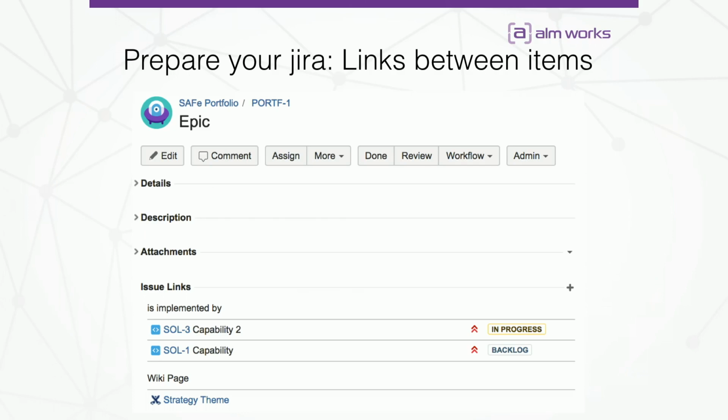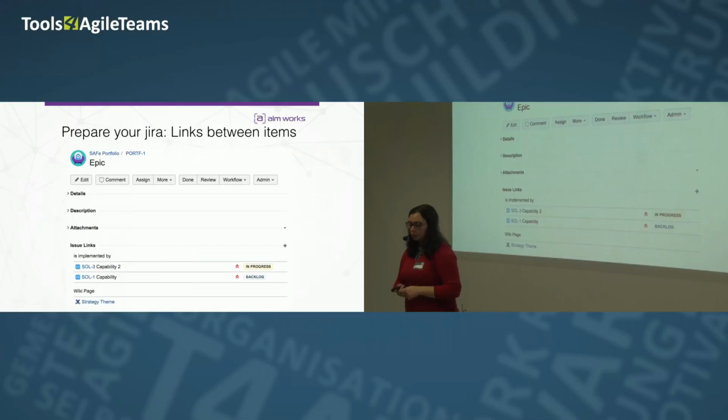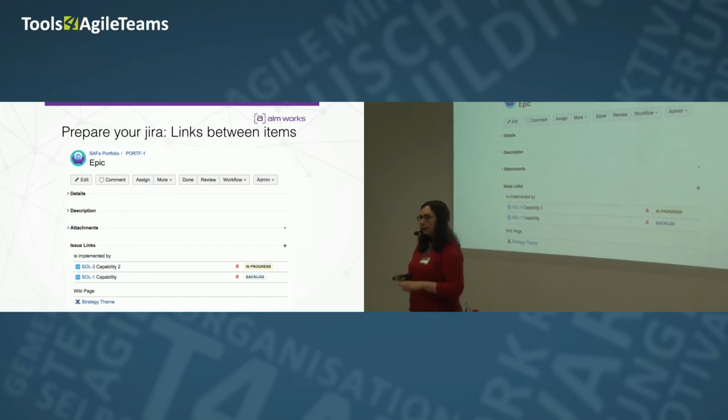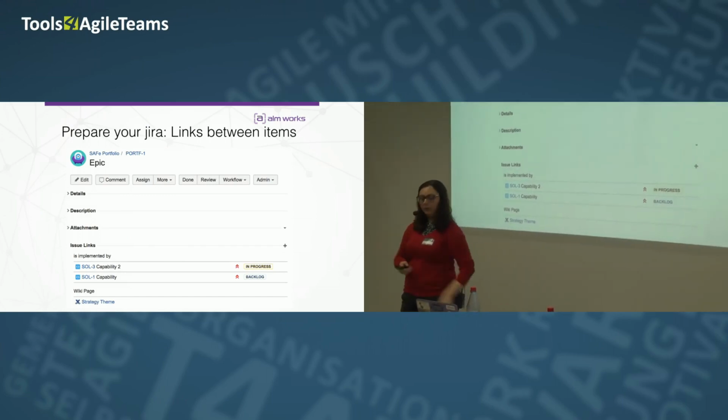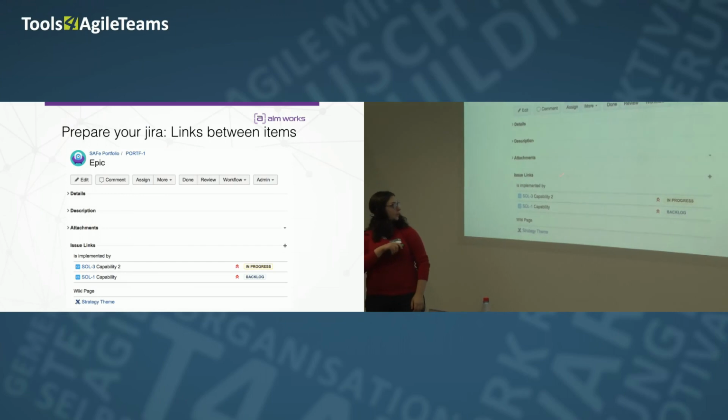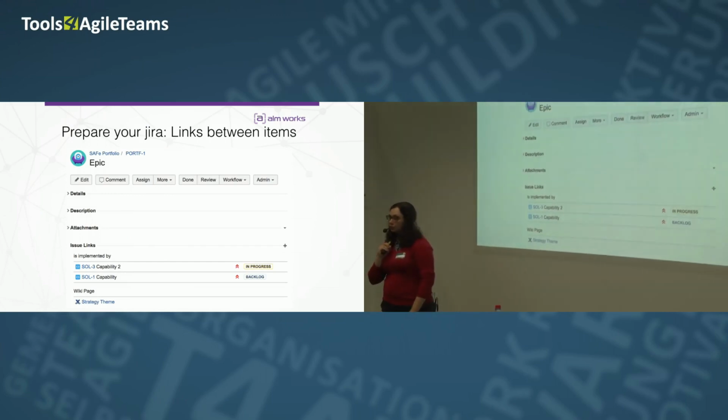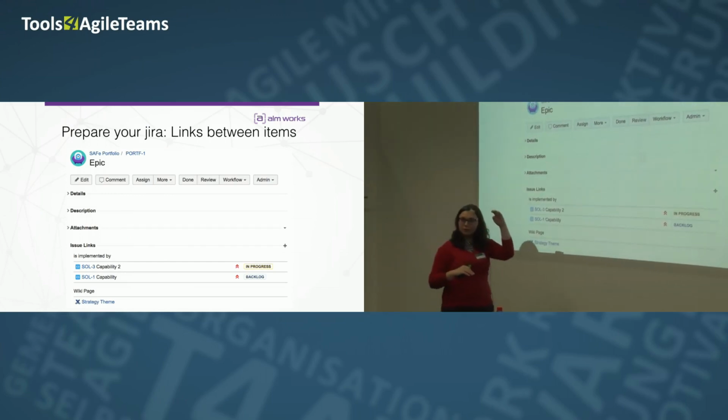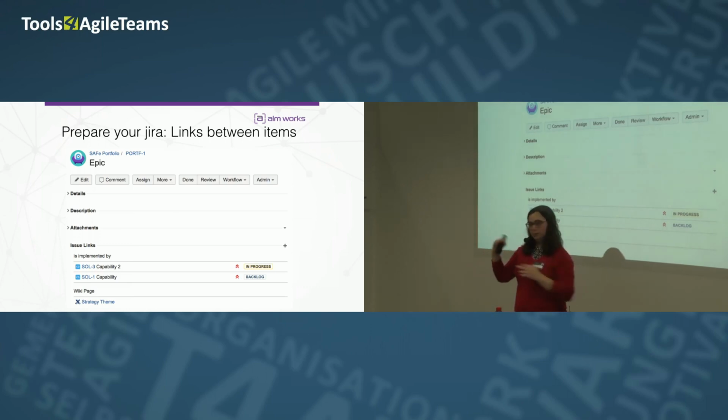So yeah, go next. You can use your regular links between items in Jira. We suggest adding your own link type, just not to mix up everything. In our setup, we create an implement link. So your parent issue, for example your epic, should be implemented by several capabilities.